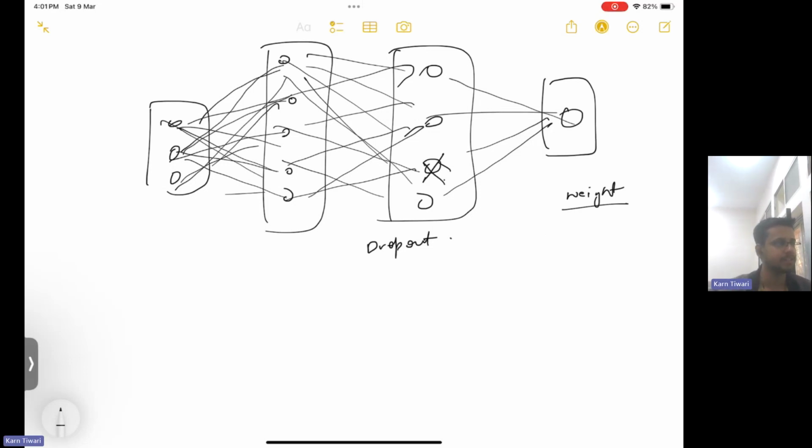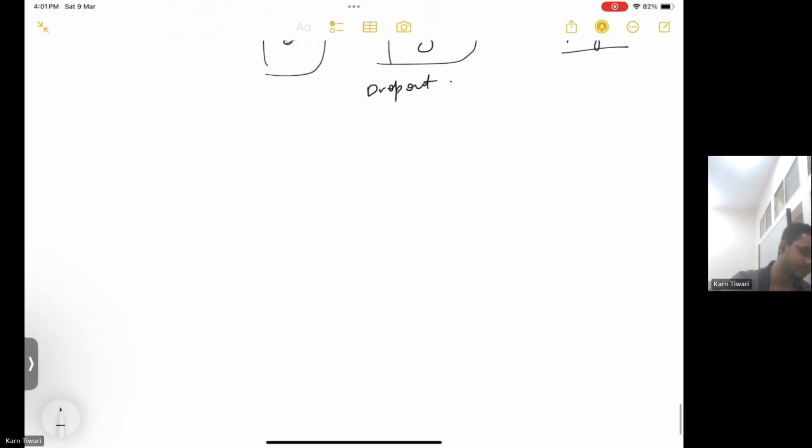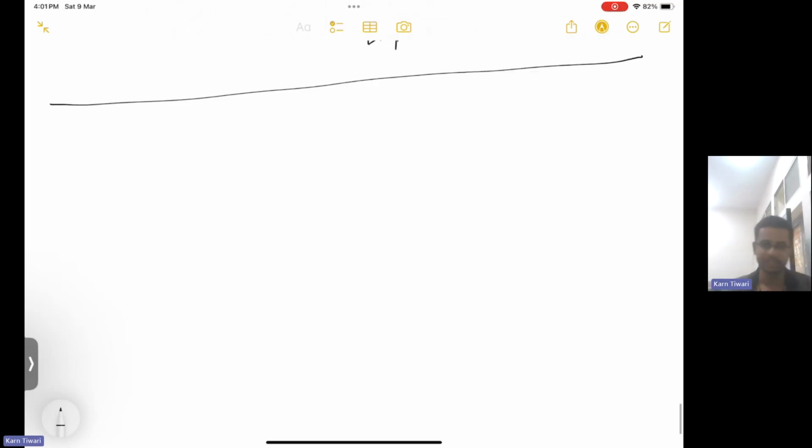Backpropagation happens only with respect to the neurons that were active for that particular epoch. That is what dropout is about. So I hope I have refreshed the concept covered in week 7.